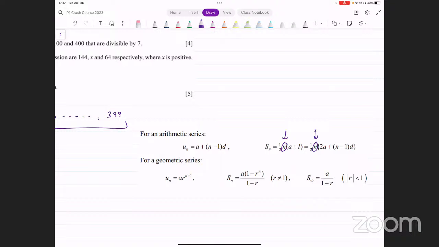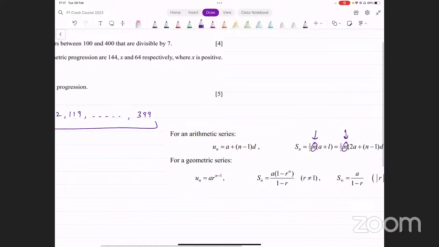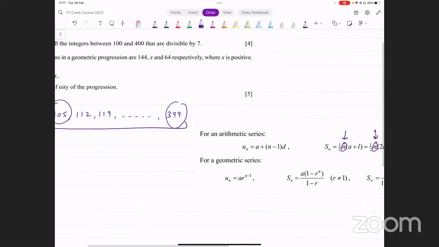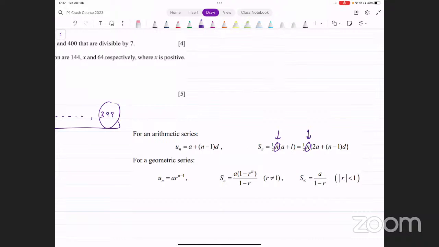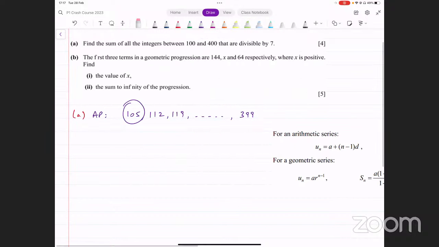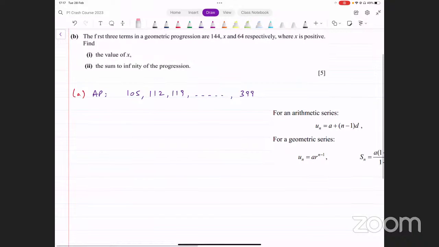For any formula that you use, you have the first term, you have the last term, the nth term, right? So we have this one and this one. We only need n now. If we are able to find n, we can just use the sum formula to find the total sum. How do you find the value of n now? Think about this.